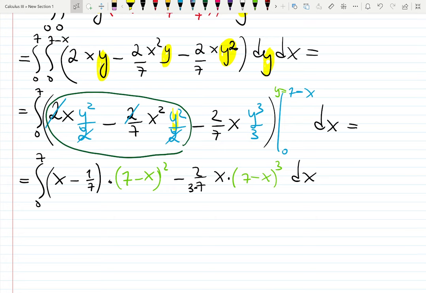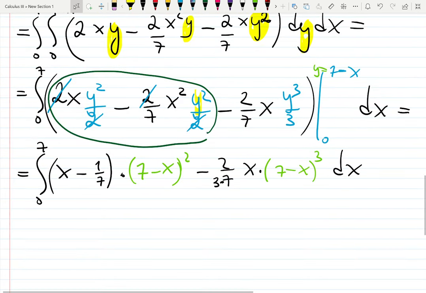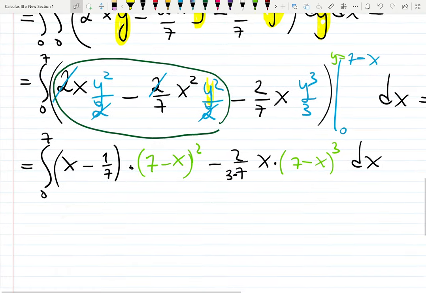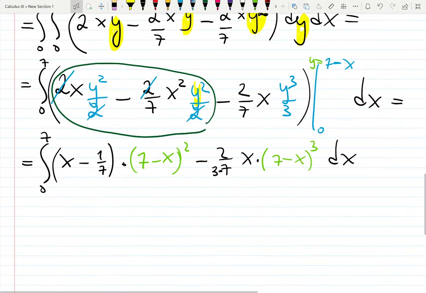Look at this. What the heck is going on here? We have squares, we have cubes. No idea. So the idea is to try to collect those terms together before integrating. Let me explain to you.